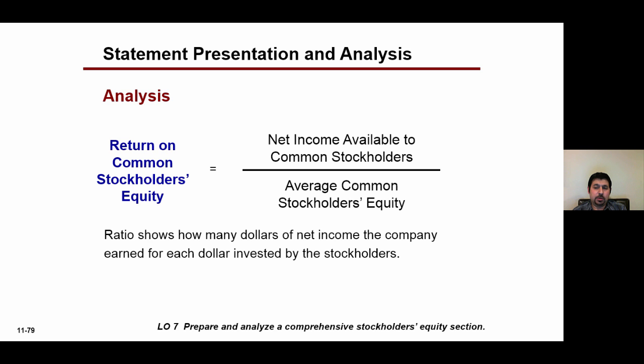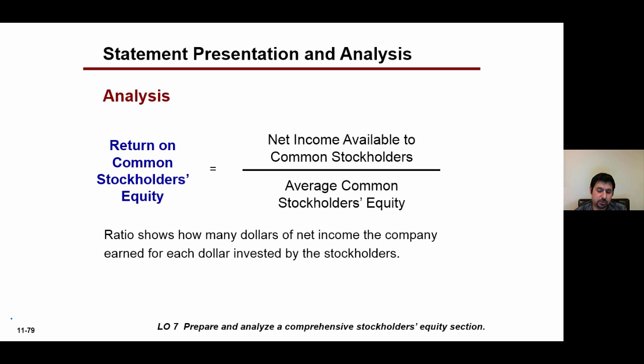Now, investors and creditors, especially investors, are interested in knowing the profitability of their investment in the company. So return on common stockholders' equity is basically the net income that is available for common stockholders divided by the average common stockholders' equity. This is where we exclude preferred stocks, because this is common stockholders.